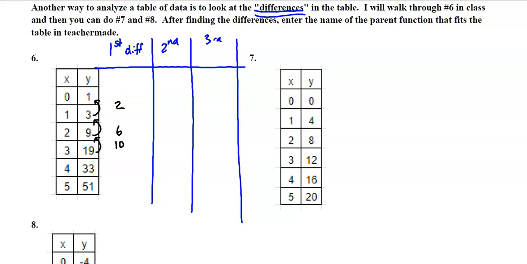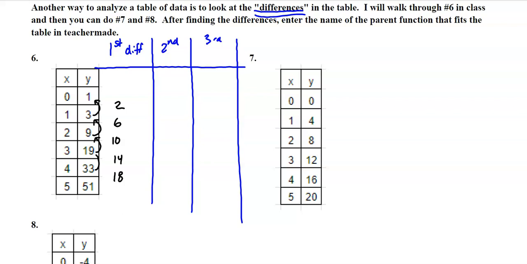Let me space this out because I want that 6 in the middle of those two numbers. The difference between 33 and 19 is 14. And the difference between 51 and 33 is 18. So I know I'm not finished because the differences are changing, they're not the same. The first difference didn't yield anything really good yet.